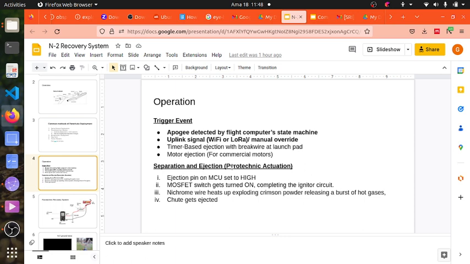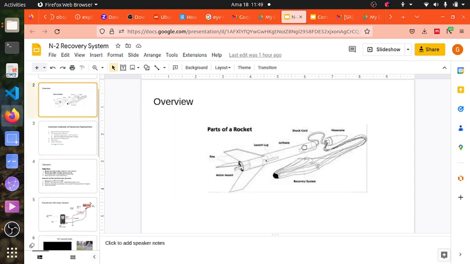Separation and ejection event. This is now the actuation. Let me just go back here. Separation is when the nose cone comes out, and ejection is when the parachute is blown out into the air and filled up with air, becoming a parachute.